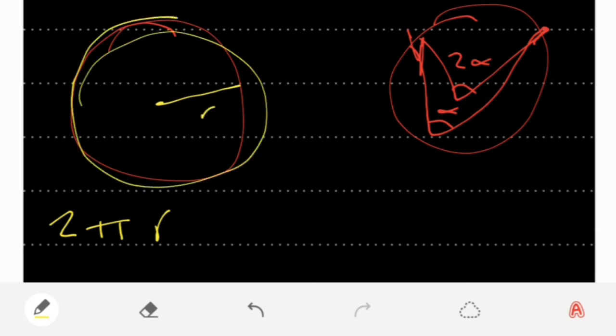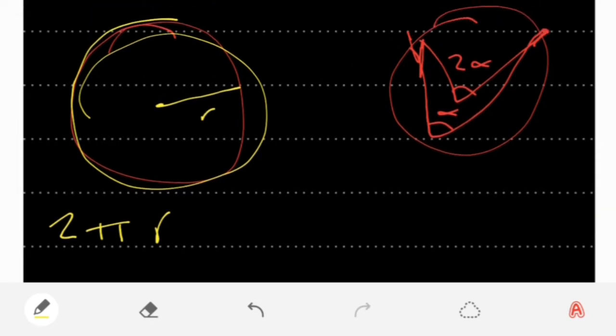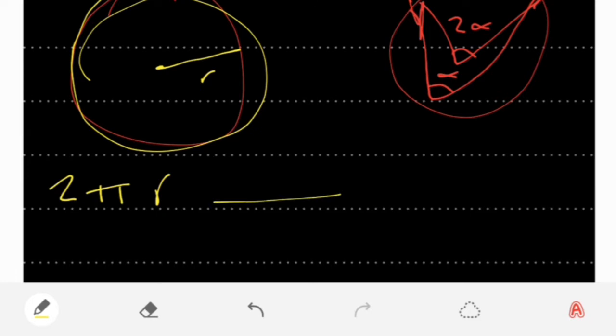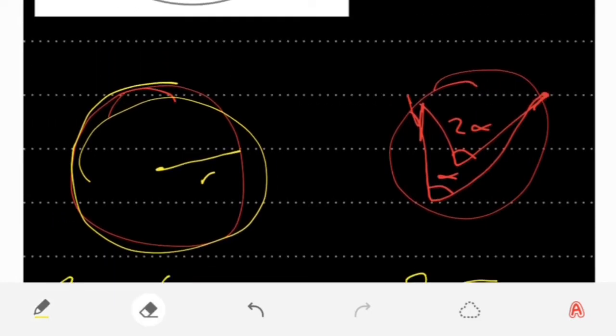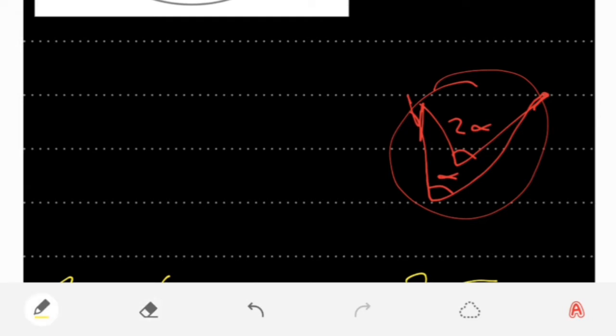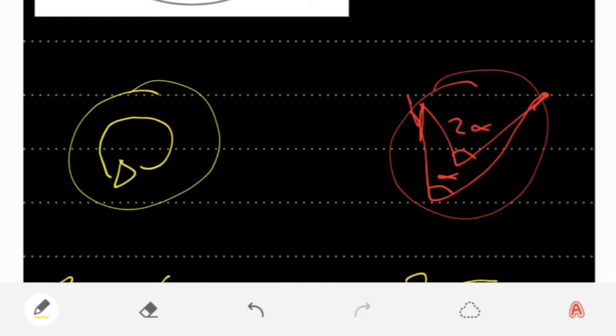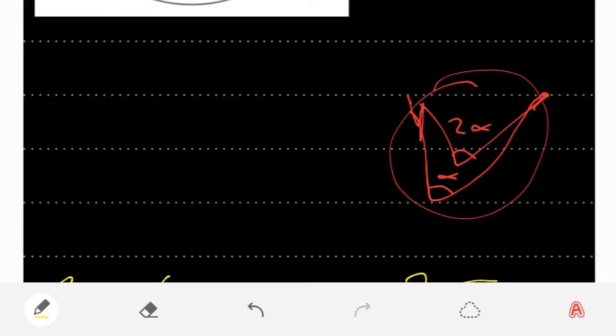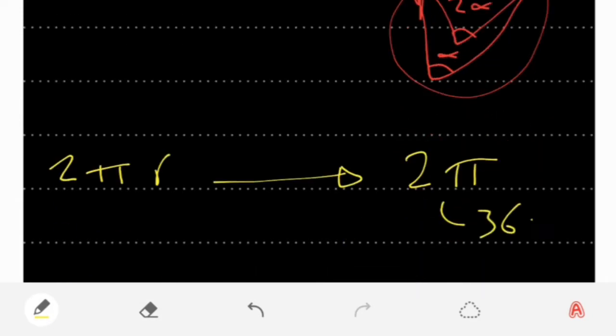So this circumference is 2πr, and notice that the angle of the full circumference is 2π. 2π is 360 degrees, right? So just this.